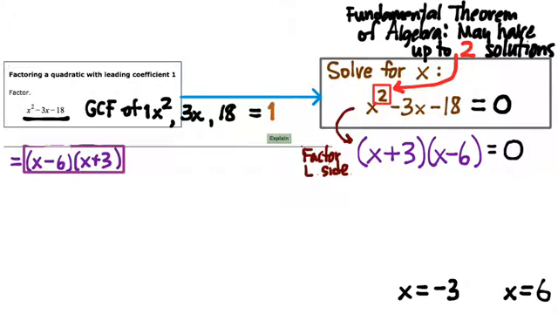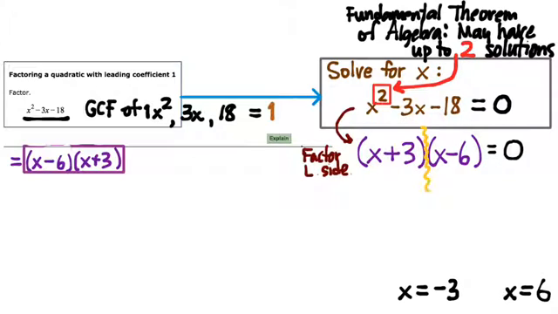The entire purpose of factoring is that when I have a factored expression on one side of an equation and a 0 on the other side, it lets me break that equation apart into two simpler equations. And what could be better than replacing a complicated thing with two simpler things? That's the whole purpose of learning how to factor.